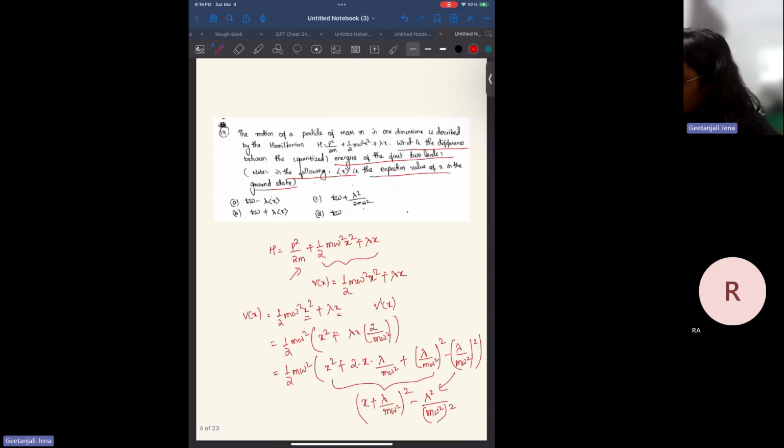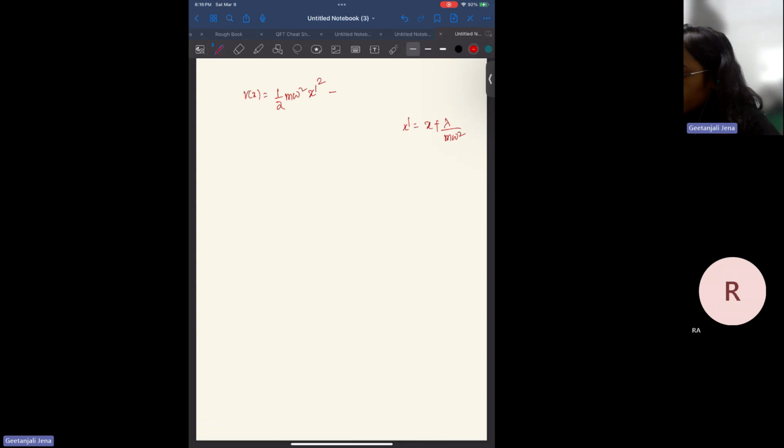And there is a constant term, which is minus of half m omega square times (lambda by m omega square) whole square.